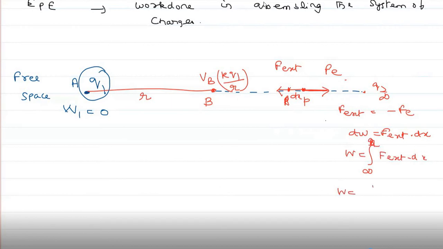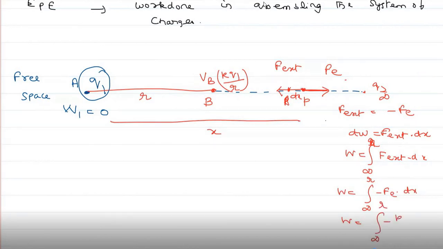What is F external? F external is equal and opposite to the electric force. So minus Fe into dx. If I consider the point P at a distance x, infinity to r, what is the electrostatic force?